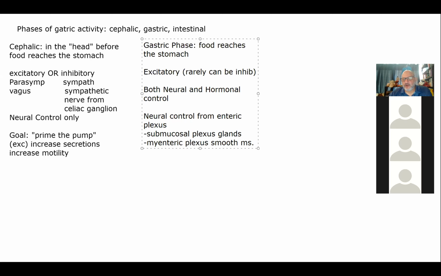And in this case, are we going to want to control just the glands or just the smooth muscle? Or are we going to want to control all of it? The myenteric plexus is between the circular and longitudinal layers, and the submucosal plexus is in the areolar connective tissue of the submucosa.